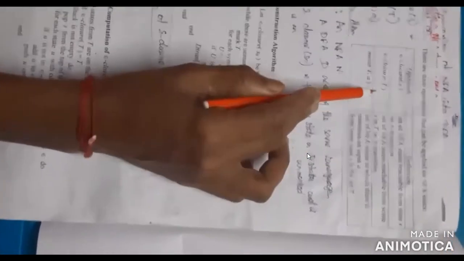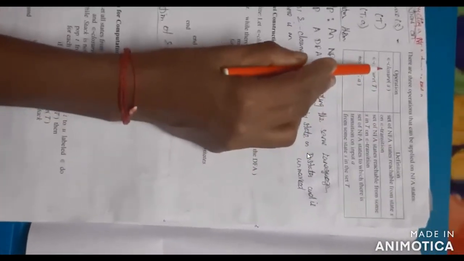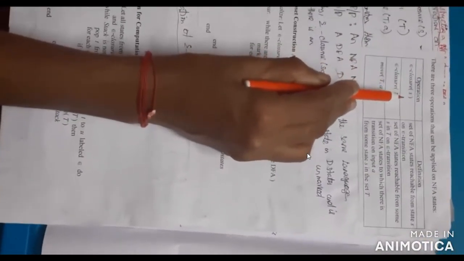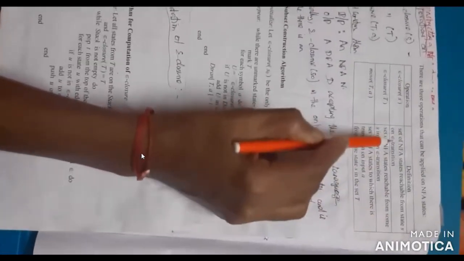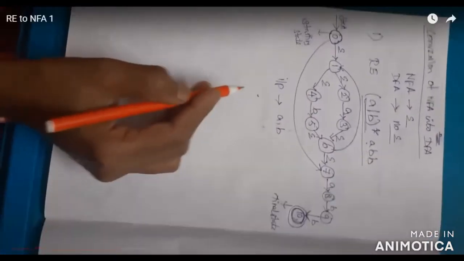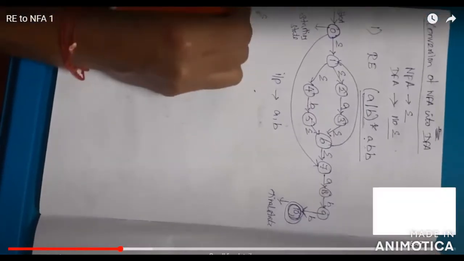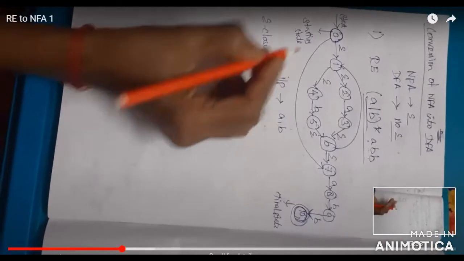So based on the three operations, you have to solve the problem for the NFA to DFA diagrams. What is the first operation? E closure of S, the set of NFA states reachable from state S on empty transition. Now go to the first operation for the given diagram. E closure of S means the starting state.